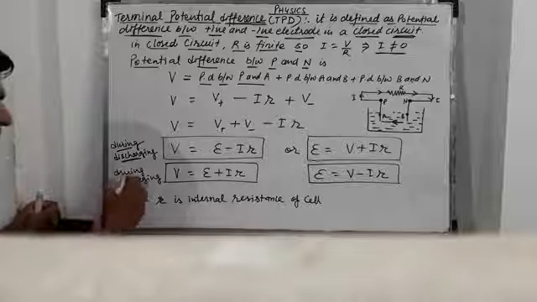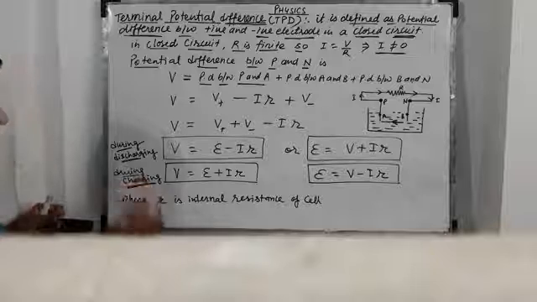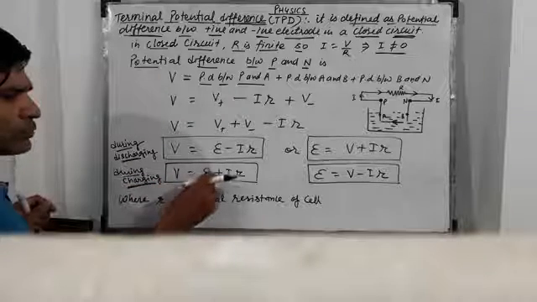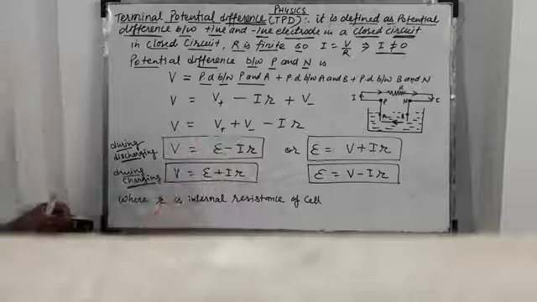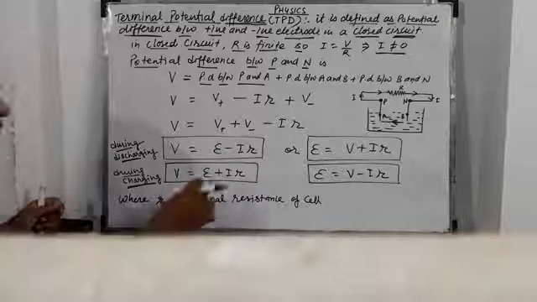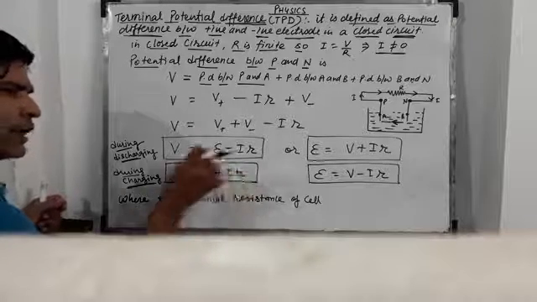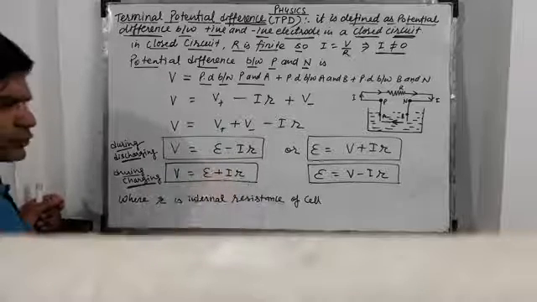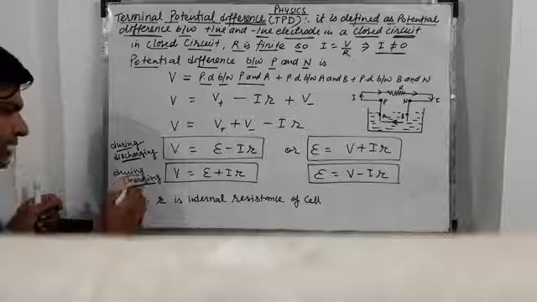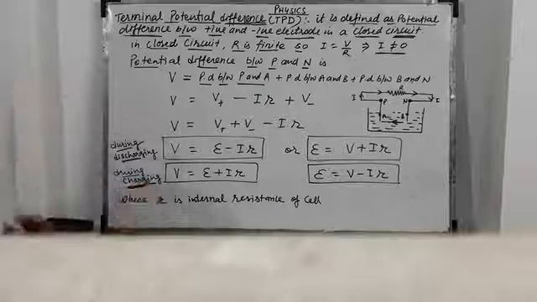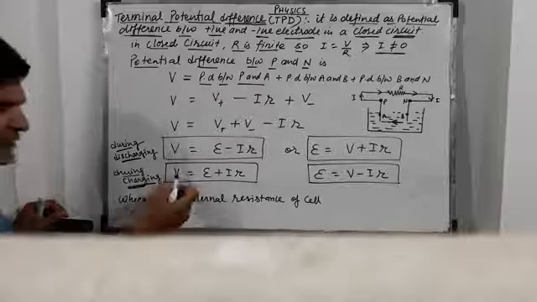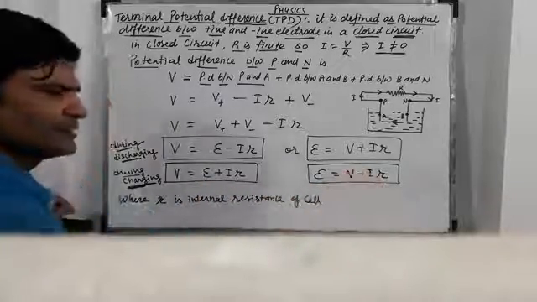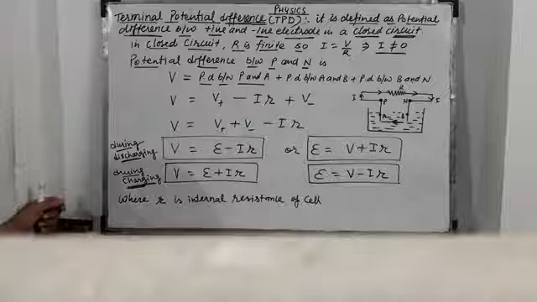Now in case of charging, V is equal to E plus IR. Now the current is opposite, so the negative sign becomes positive. During charging, always remember this, V is equal to E plus IR, E is equal to V minus IR.